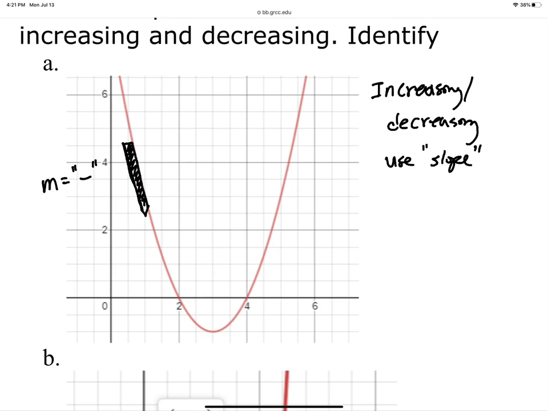Over here, my pencil is pointing up, so the slope of my pencil is positive. This means this section is increasing.